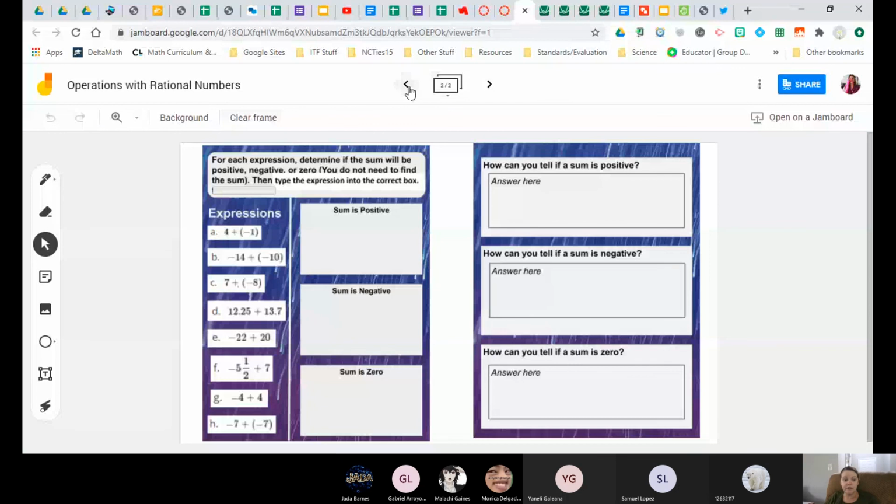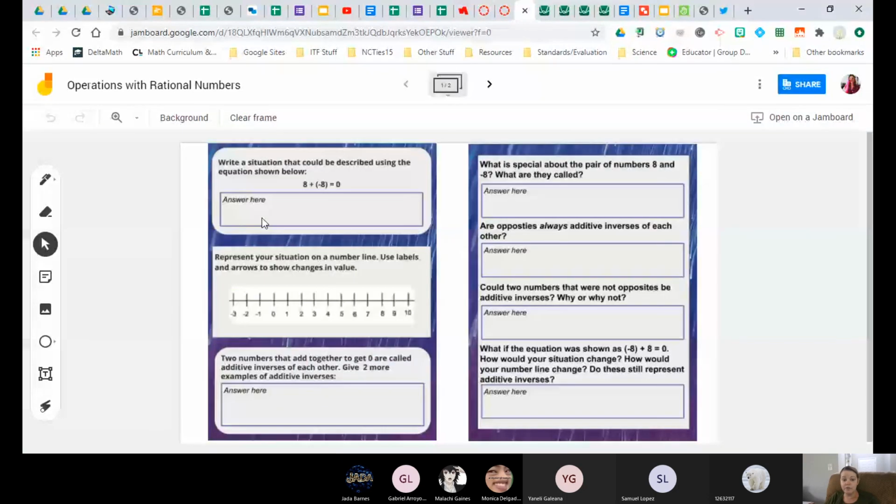Anywhere it says answer here, you are either going to use the pen tool to write in your answer, or you can drop a text box in there and type it. The number line, you actually need to use the pen tool to model this problem, 8 plus negative 8 equals 0 on the number line.